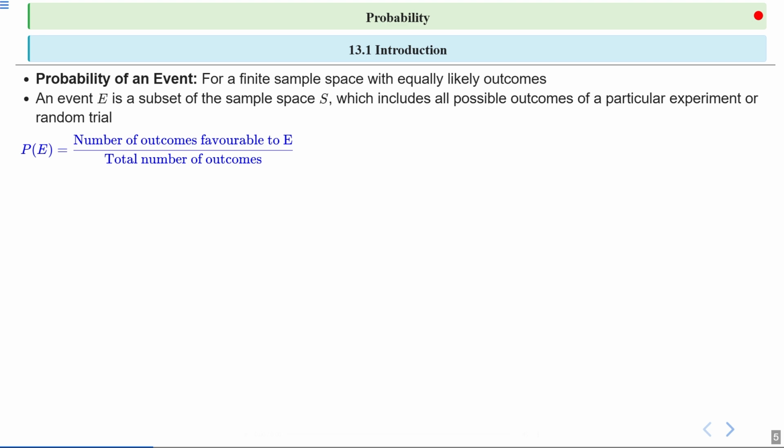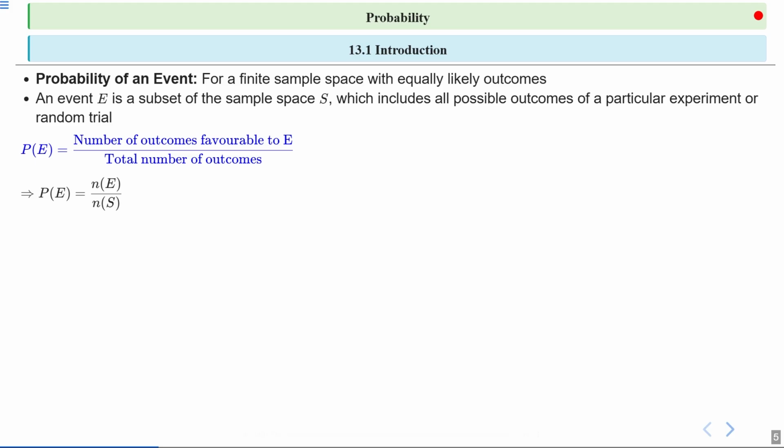So probability of E will be equal to number of outcomes favorable to E upon total number of outcomes, right? And we can also write this formula as probability of E is equal to n(E) divided by n(S), right?